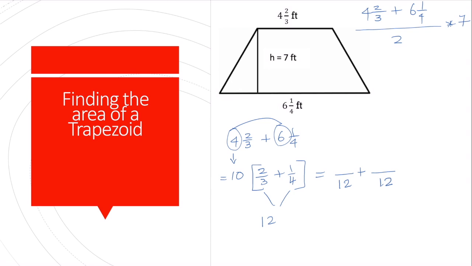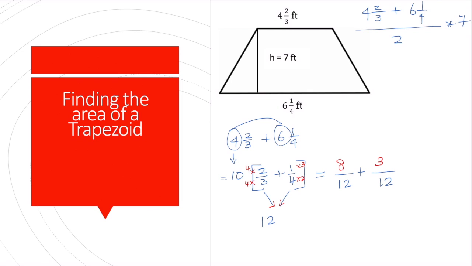Now I want to figure out, how did 3 become 12? I multiplied by 4. So I have to multiply the top by 4, so I have 8 over here. Same thing here. How did 4 become 12? I multiplied by 3. So I have to multiply the top by 3, and I'm going to get 3.